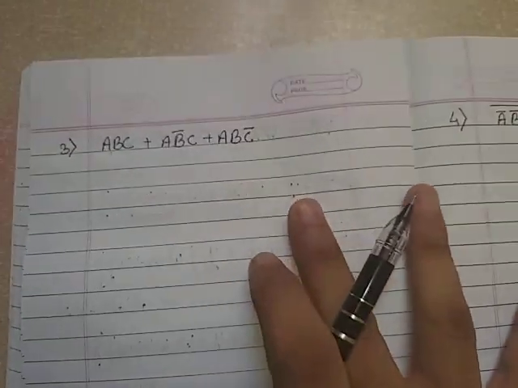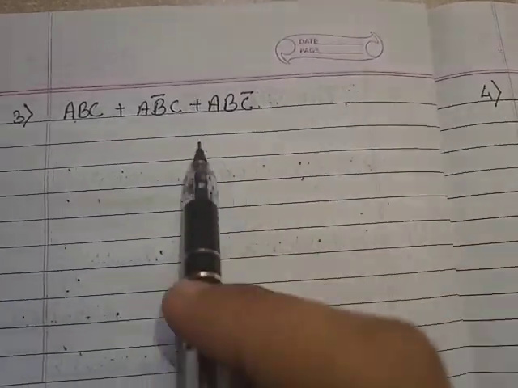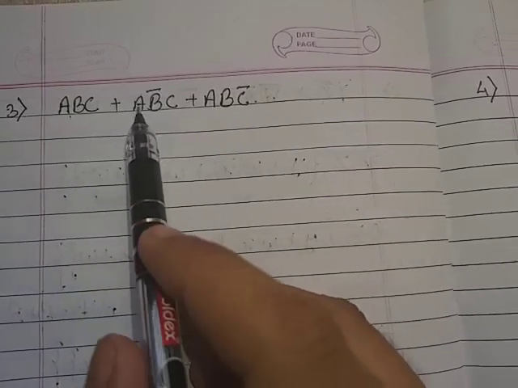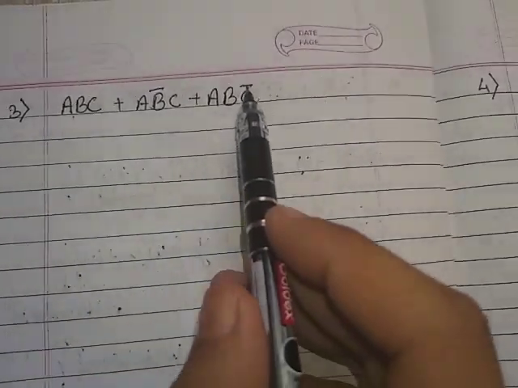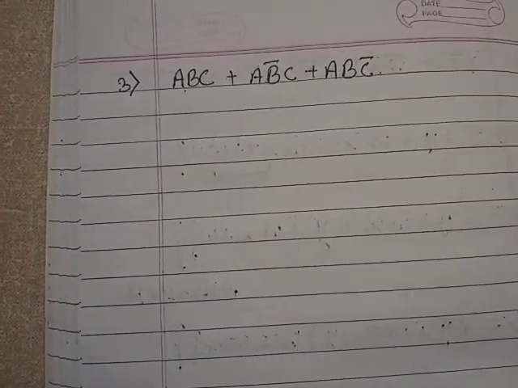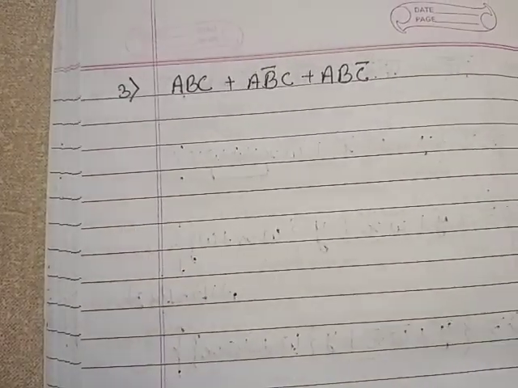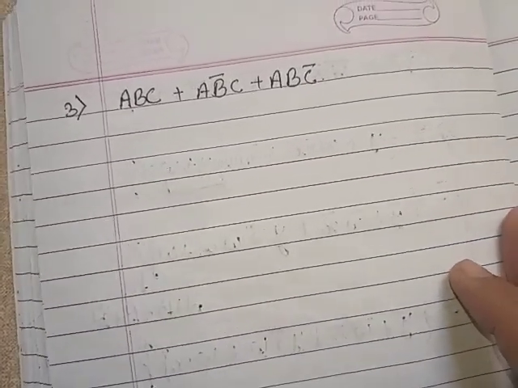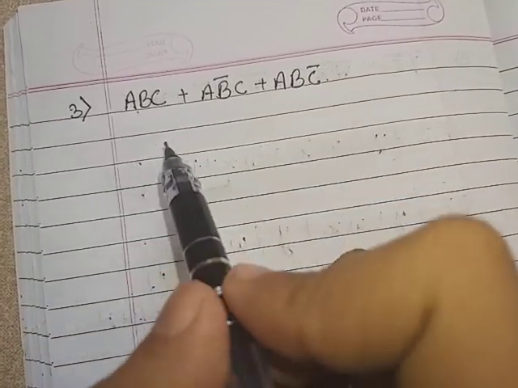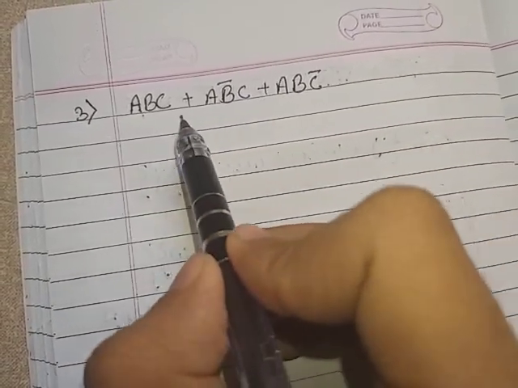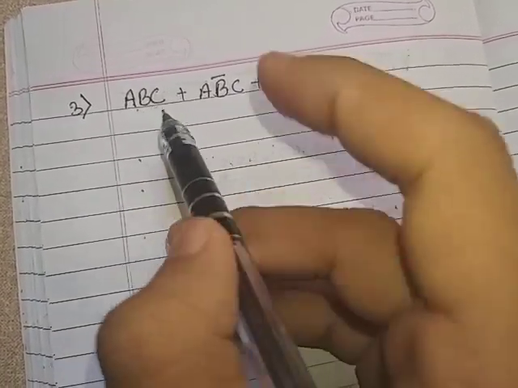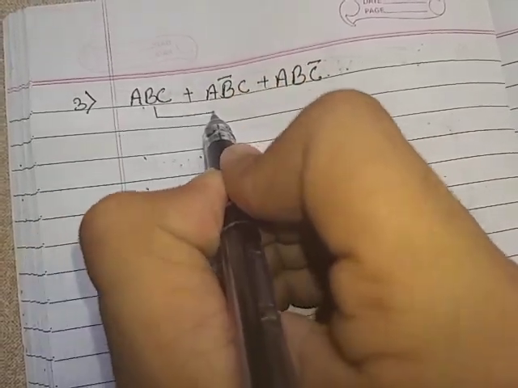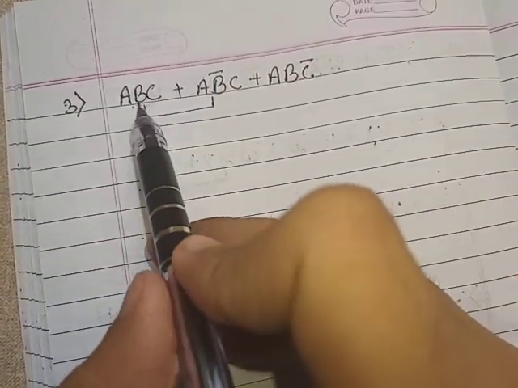Now let's see one more example. Suppose we have given abc plus ab bar c plus abc bar. So first we are going to take common. If I take the first two terms, what is the common?